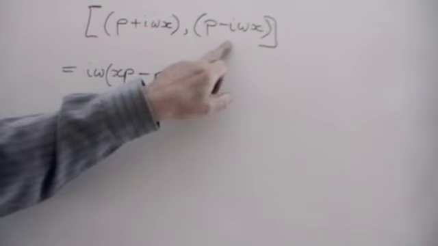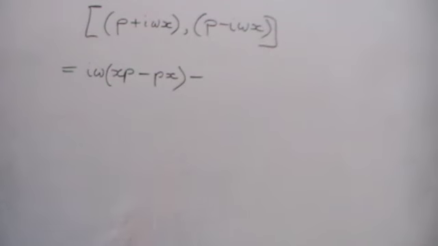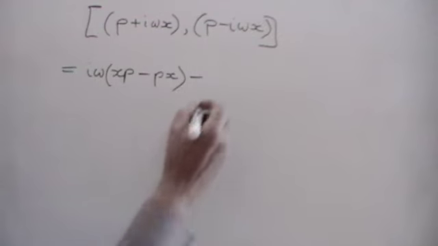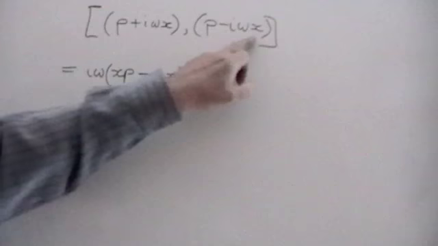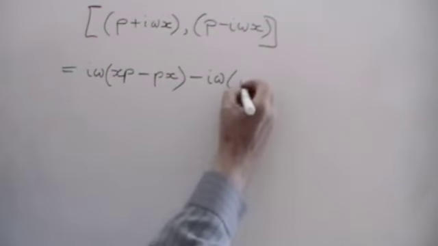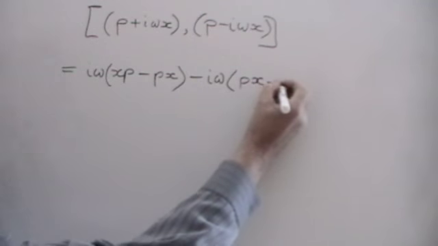That is from this term multiplied by this term, and then you have to subtract this term multiplied by that term. Well, that will be i omega into px minus xp.